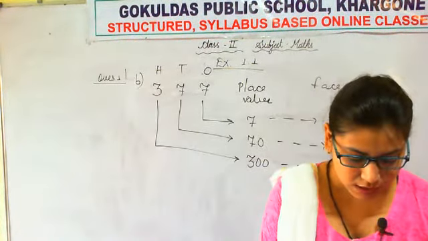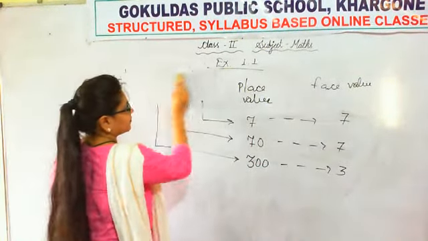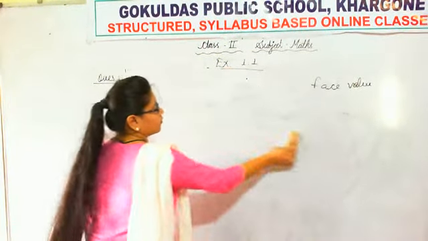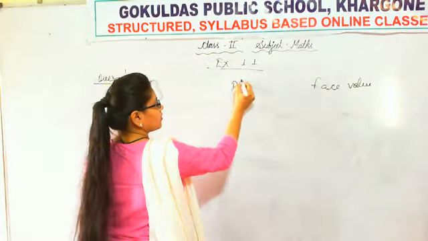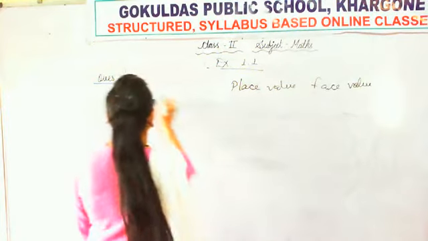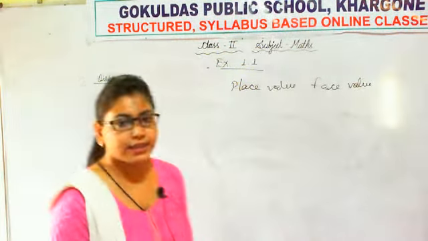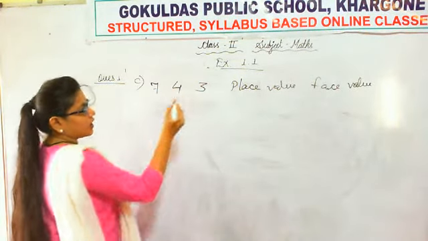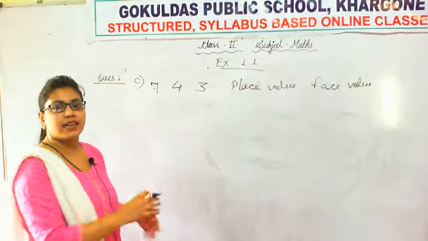Now part C. 743. Again for our convenience, we will write the positions: ones, tens and hundreds.